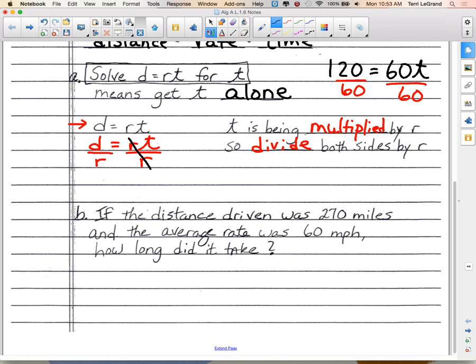Can you really divide D by R and get something sensible? No. So here's what you do. You just leave it like that. Don't mess with it. And the R's canceled out. Is T by itself now? Yeah, that's what they wanted. They wanted us to rearrange the equation so that T was by itself rather than the D.